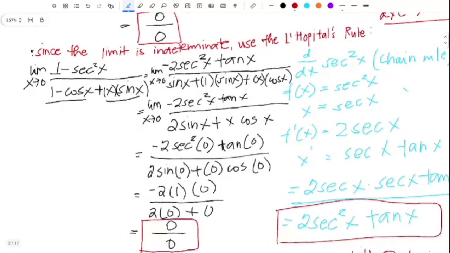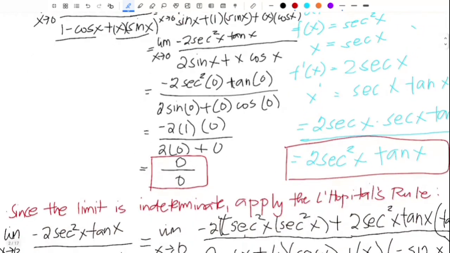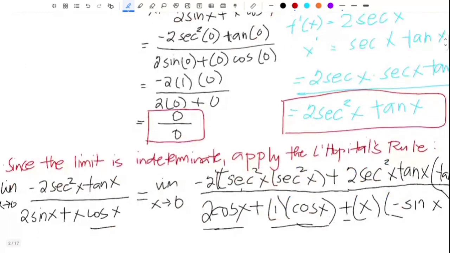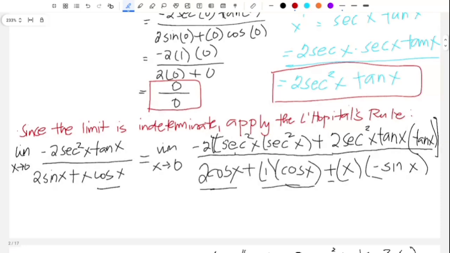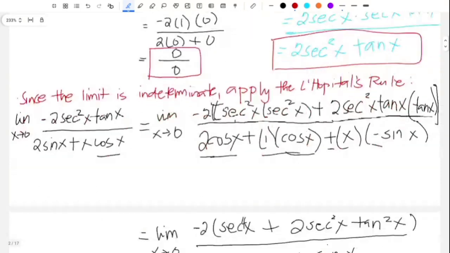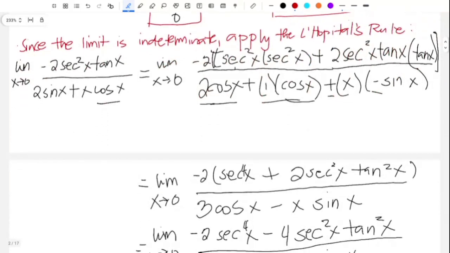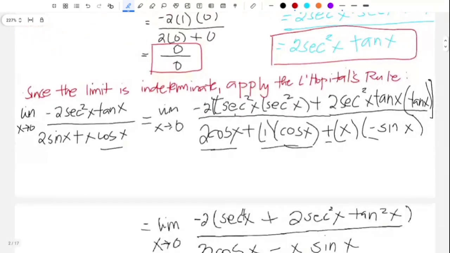We got these values here, and we apply our limit again, and upon applying the limit, we got an indeterminate form again. Therefore, we apply L'Hopital's rule again. We got our third indeterminate form, and again we need to derive until we get our answer.